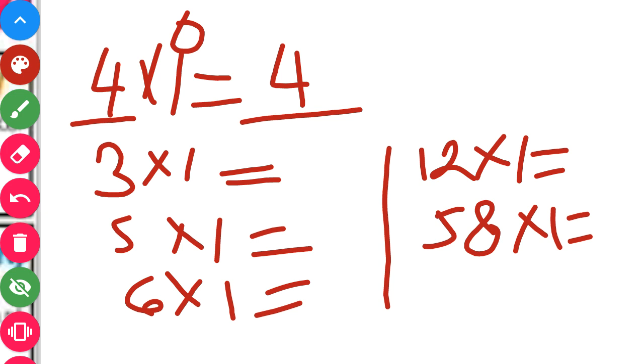Now 5 into 1. 5 ones are 5. So we get 5.